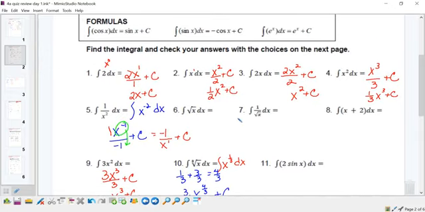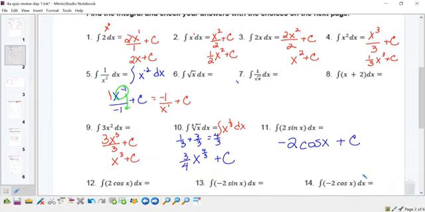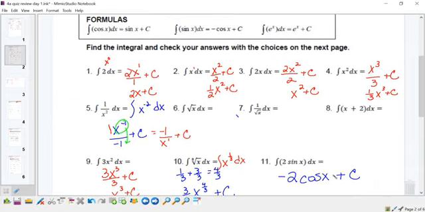All right, for sine, the 2 carries to your antiderivative. The antiderivative of sine is negative cosine. So negative cosine x plus c. I'm going to copy these formulas to the bottom of my page.